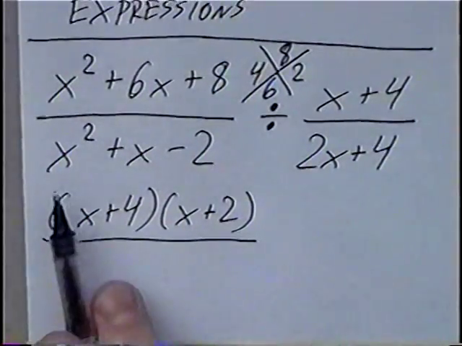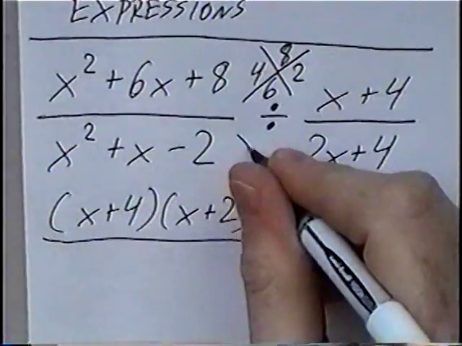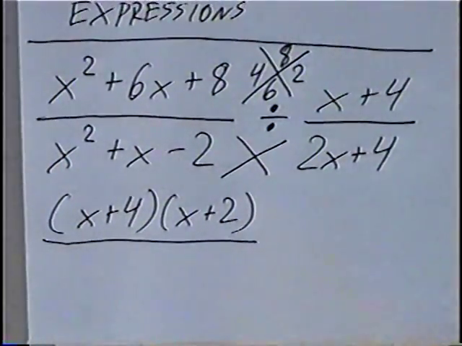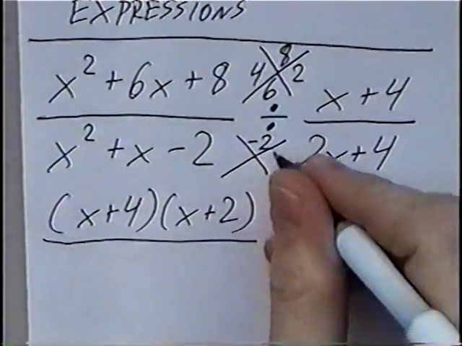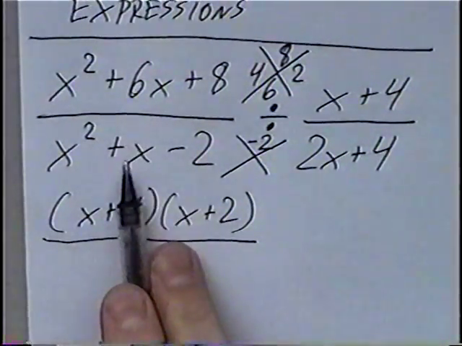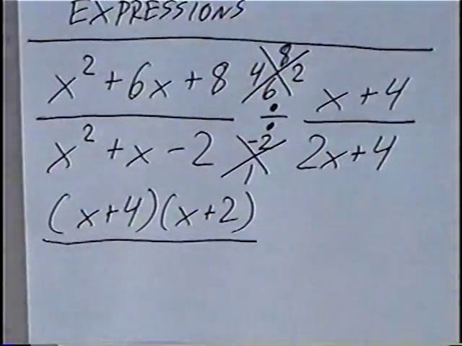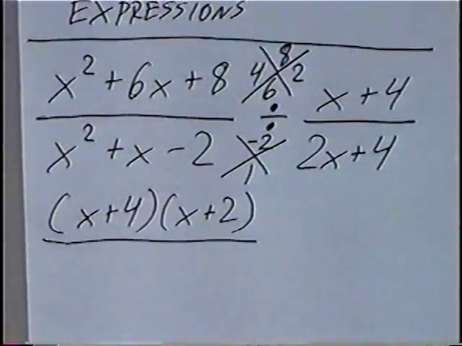For the denominator of the same fraction, x squared plus x minus 2, again we can factor using the diamond or x method. The last number, negative 2, goes on top of the x, and the middle number, if there's no coefficient here, we can add a 1 or a positive 1. Two numbers that multiply to get negative 2, and those same two numbers add to get 1.